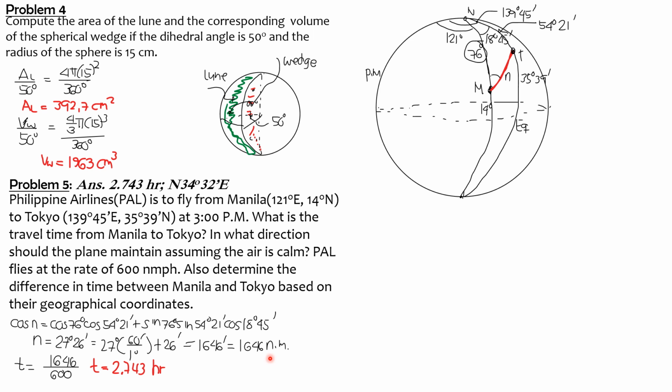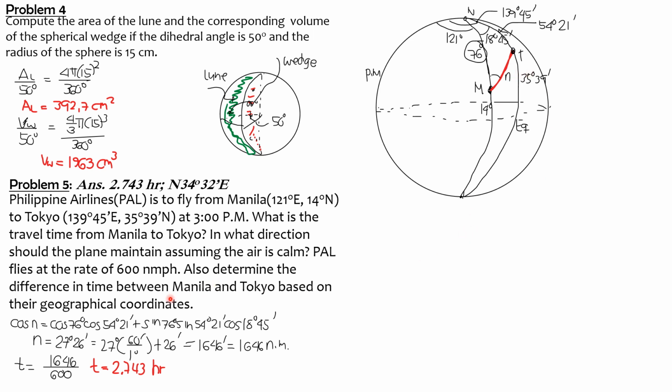So time is distance over speed. Distance 1646 nautical miles. Speed of the plane 600 nautical miles per hour. So travel time would be 2.743 hours from Manila to Tokyo.